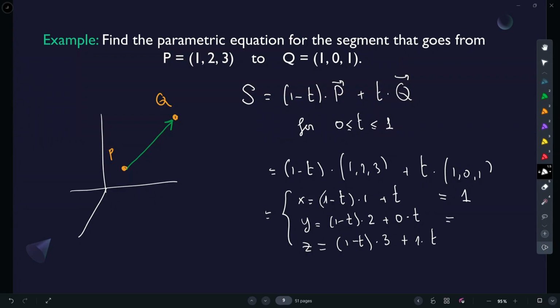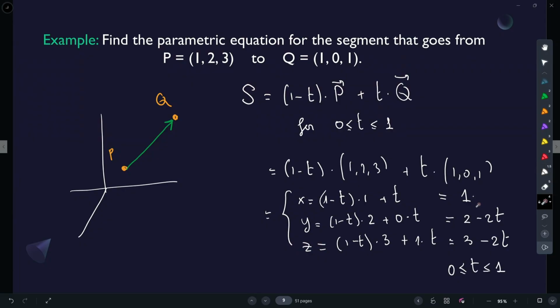Y is going to be 2 minus 2T. And this is going to be 3 minus 3T plus T. I think this is 3 minus 2T. Yes? This is for T between 0 and 1.